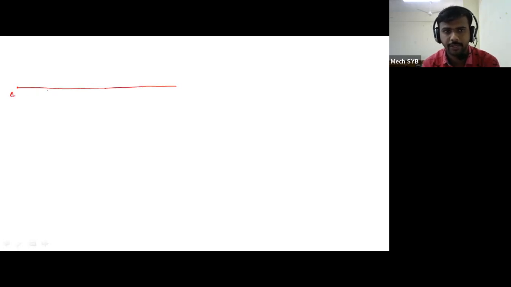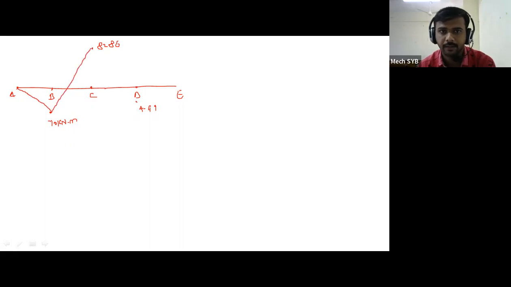So this is point A, this is point B, this is point C, this is point D, and this is point E. So like that, this is minus 10 kilonewton meter, then this is minus 82.86, then this is minus 4.99. So this AB distance you have to draw by the parabolic curve, then this is inclined line, then this is inclined line, and again this is parabolic curve.